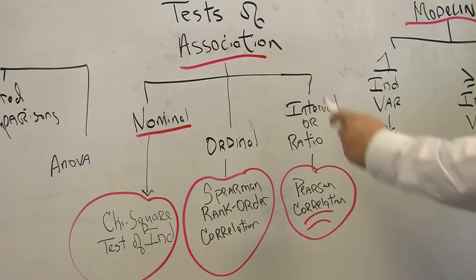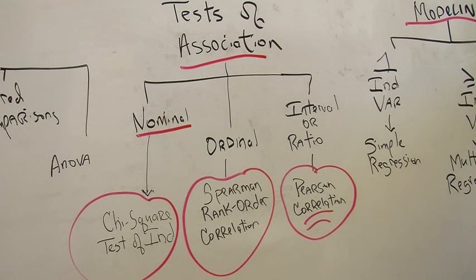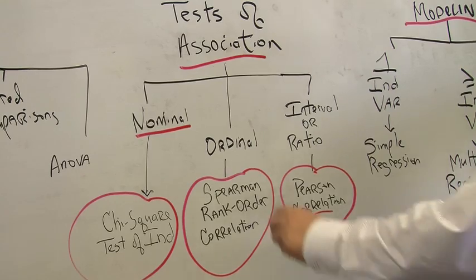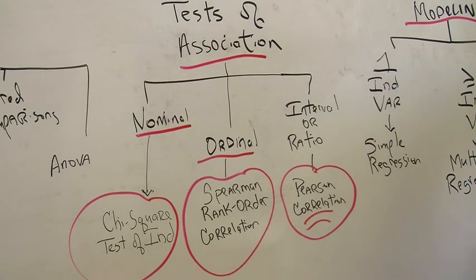Okay? So this is a big deal. In all facets of business, oftentimes we do tests of association. And again, let me reiterate that the appropriate test of association is based on how the data are scaled. Nominal, we do the chi-square test. Ordinal, we're going to do the Spearman's rank order correlation coefficient.